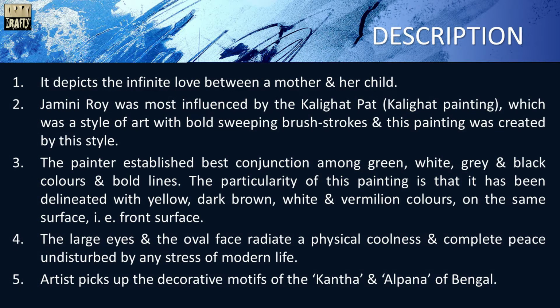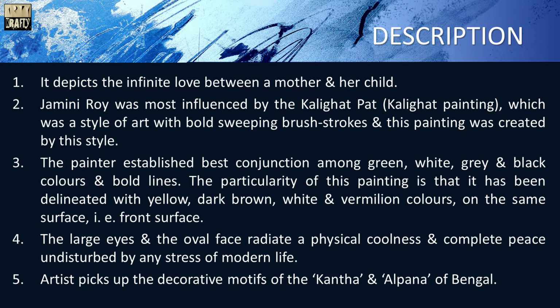Description: it depicts the infinite love between a mother and her child. Jamini Roy was most influenced by the Kalighat painting, which was a style of art with bold, sweeping brush strokes, and this painting was created in this style.